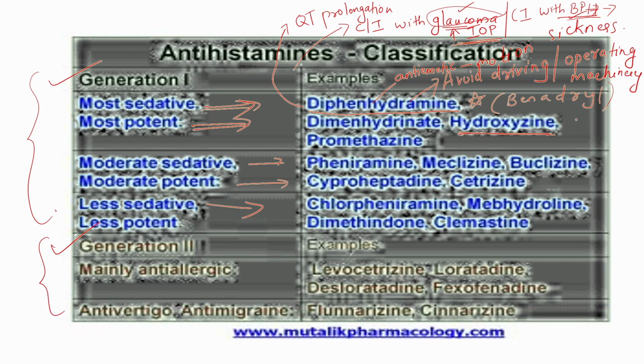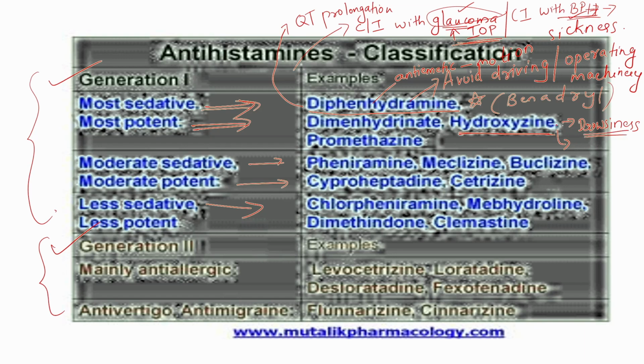We know these drugs are generation 1, so they have sedating properties. This drug will cause drowsiness. If the patient is taking hydroxyzine, it can cause drowsiness. So we can say this can also be given for insomnia associated with anxiety, because of the sedating property, it causes drowsiness.